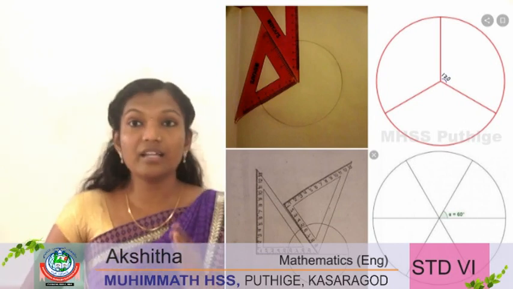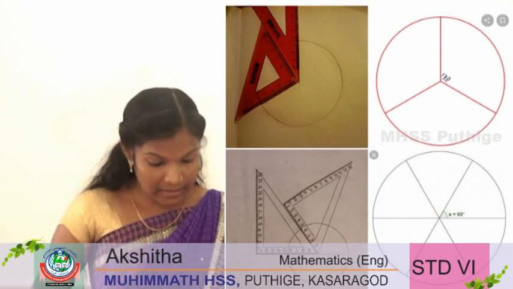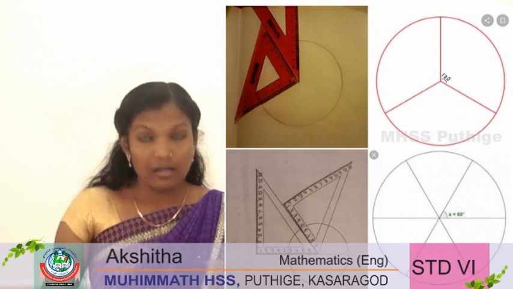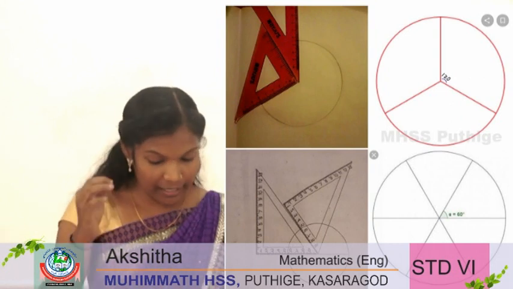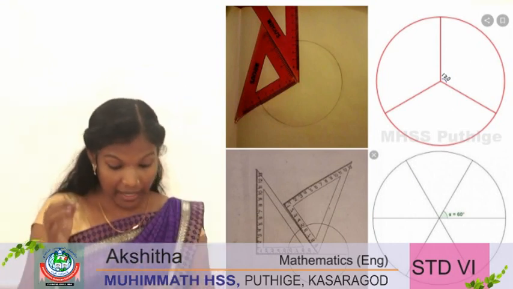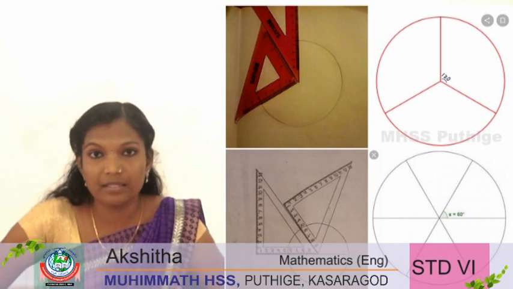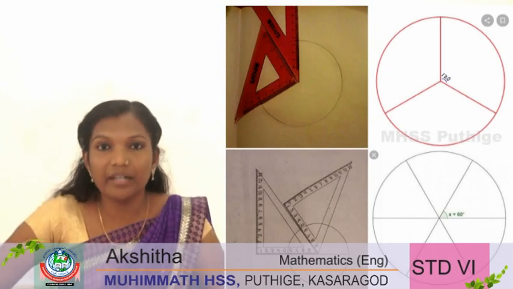Okay. Here you can see 3 and 6 equal parts. Can you say how much equal parts we can make in circle? We can divide the circle into 360 equal parts. Each angle is 1 degree.